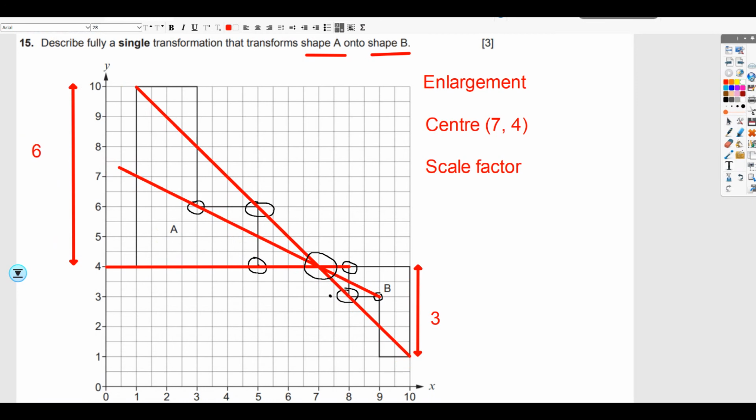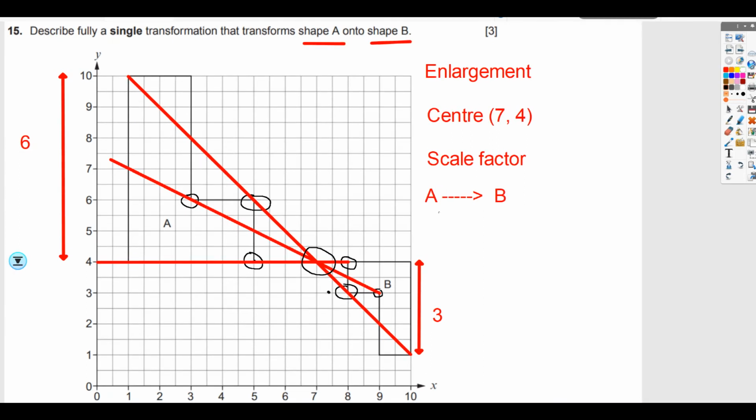To find the scale factor to get from A to B, I need to see what I have times by. To go from 6 to 3, what have I times by? We should notice that I've times by 0.5. If you want to work that out, it's just 3 divided by 6. So that should be the scale factor, and we can check.